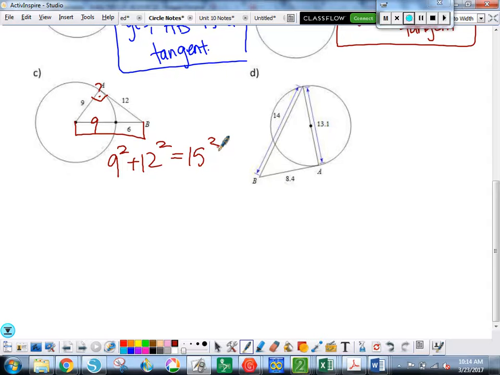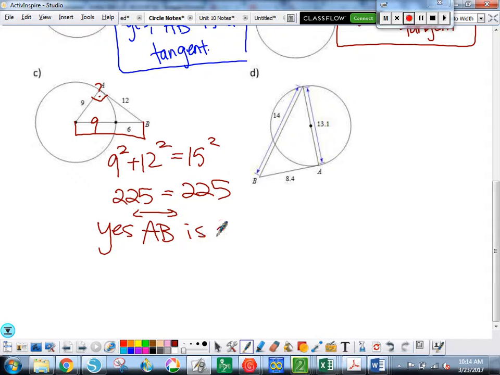Is 9, 12, 15 one of the Pythagorean triples? Do you have it written down? 81, 225, if you plug that in. Not that it's a ton of extra work to write out the numbers and calculate it, but if you know the Pythagorean triples, then it goes faster.